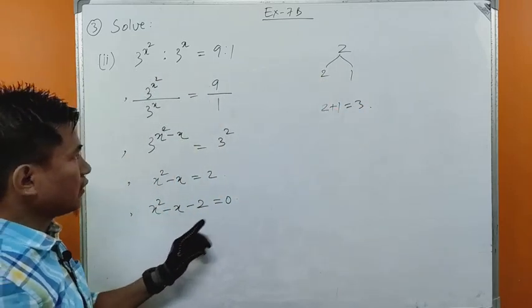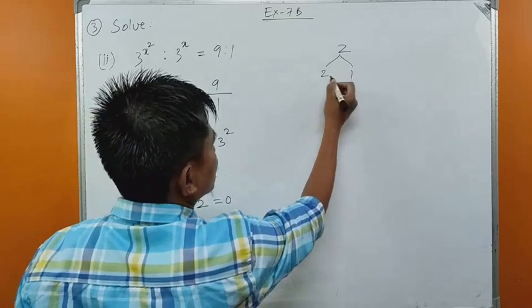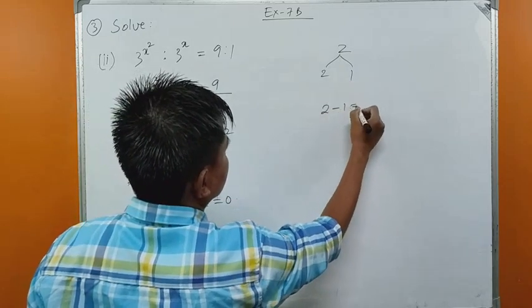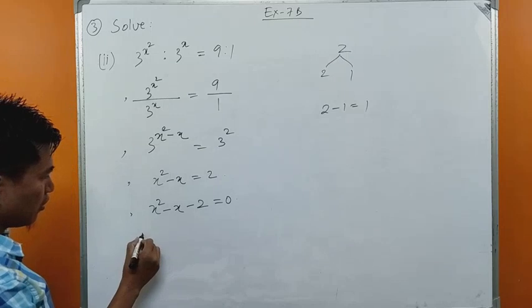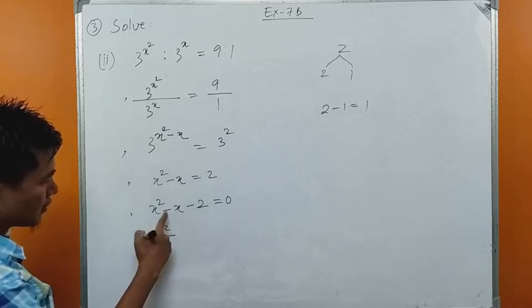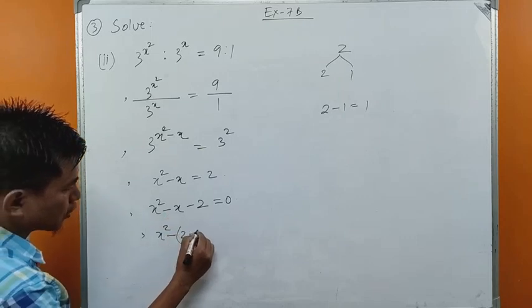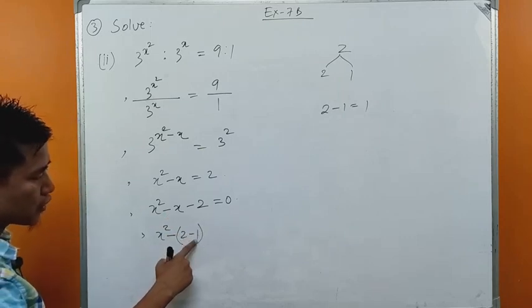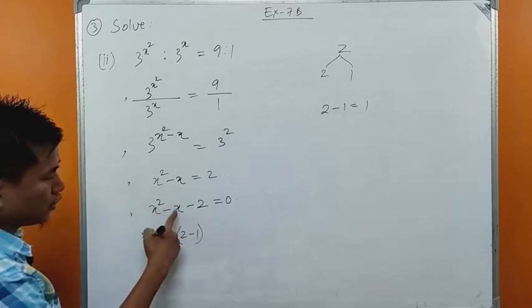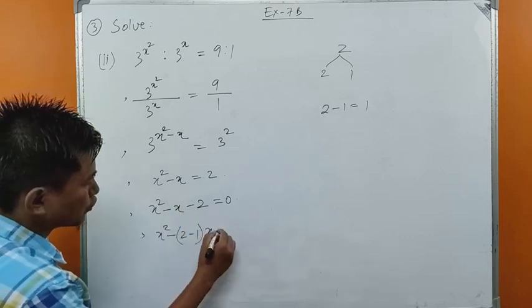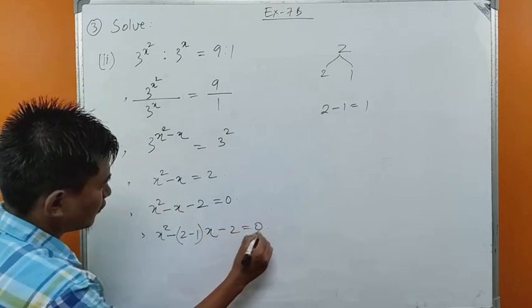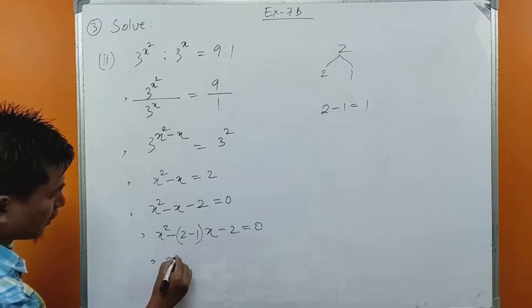So to get 1, I should subtract, 2 minus 1 equals 1. So x squared minus, this minus comes here. Instead of 1 here, I write 2 minus 1, because 2 minus 1 gives us 1. So this x comes here, minus 2 equals 0.